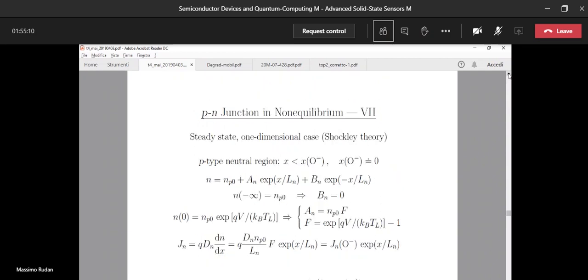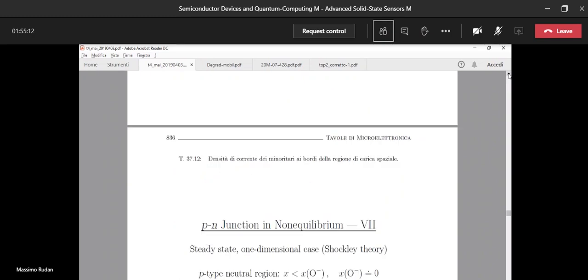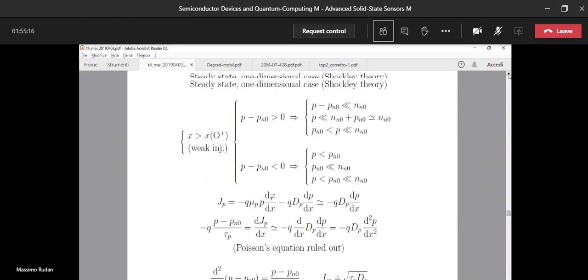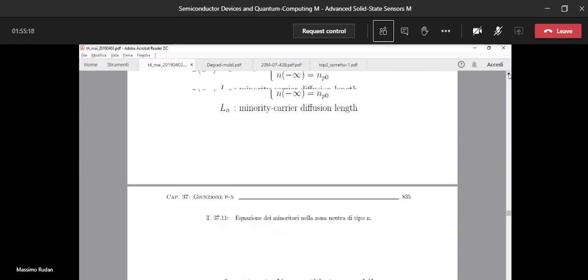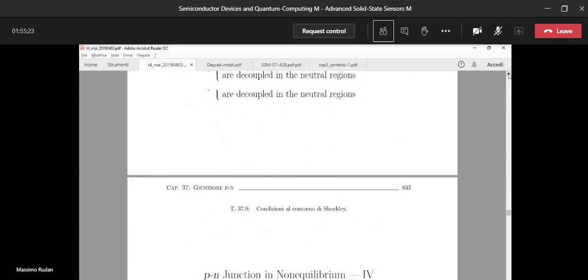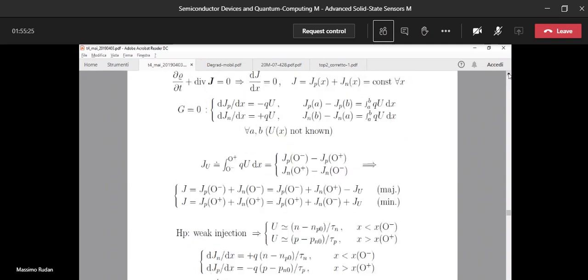When we started, we said we are going to use the minority carriers here. We are using this expression, and we have just found Jn of O minus. Okay?